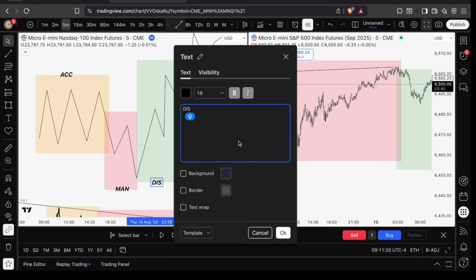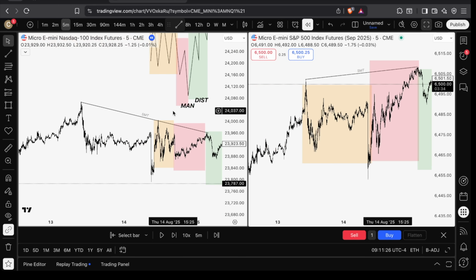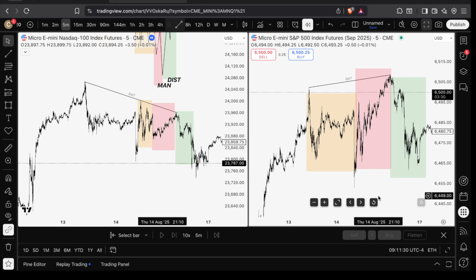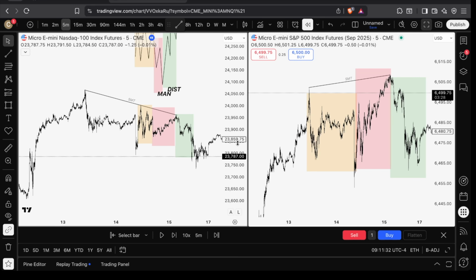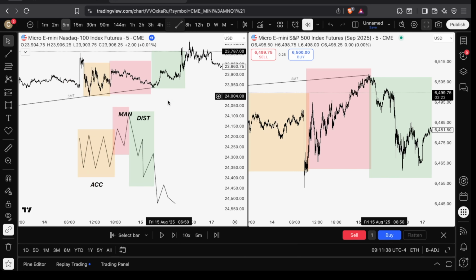And distribution. And what we can see from here, let's look on ES, it's better. It is exactly the same thing, just reversed, right?